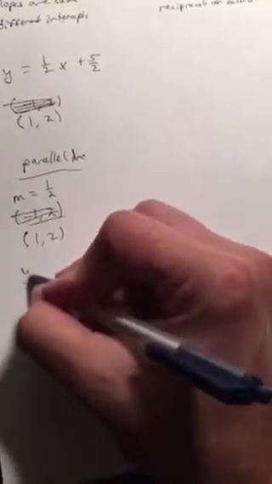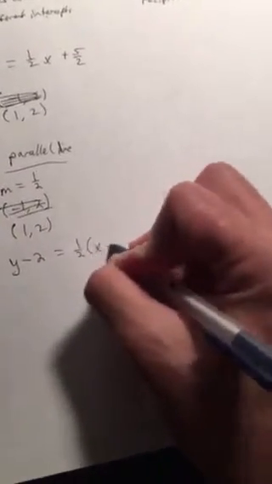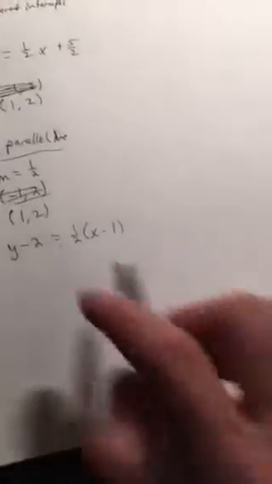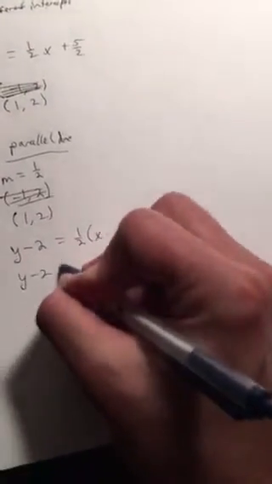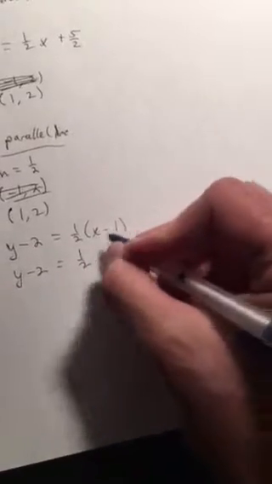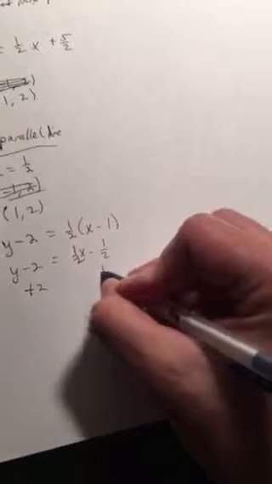to point slope form. y minus the y component is the slope times x minus the x component of the point that is on the line. We can distribute the slope once again, then add 2 to both sides.